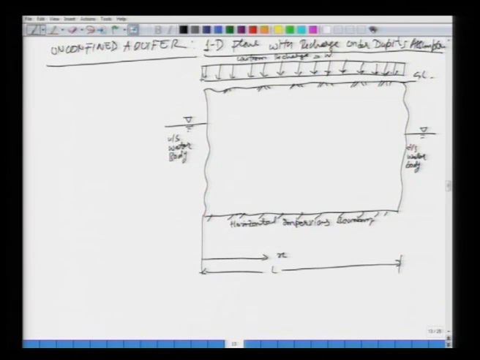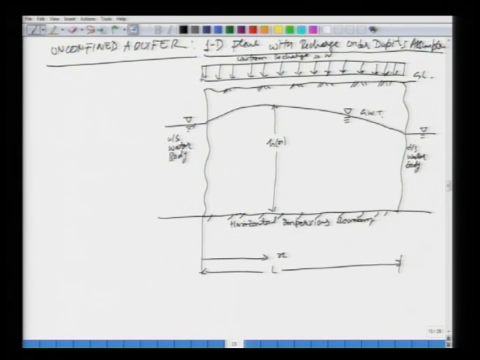Let us say that your final solution may be something like this. That is what we are interested in. This is your groundwater table and we want to find out the equation of this groundwater table in the unconfined aquifer under recharge rate of W. At any distance x, what is h of x, that is what we want to find out, and all the distances we are measuring are from the bottom.